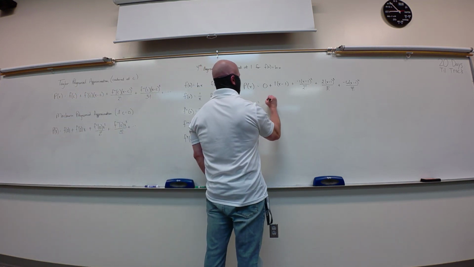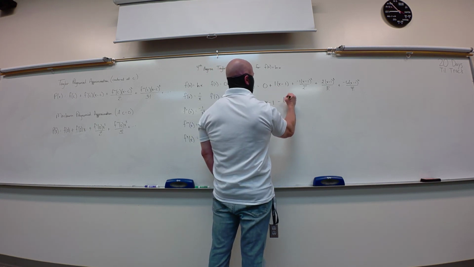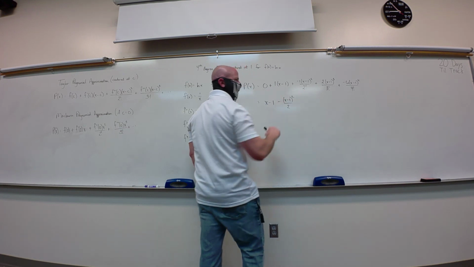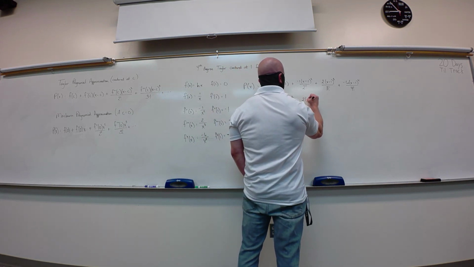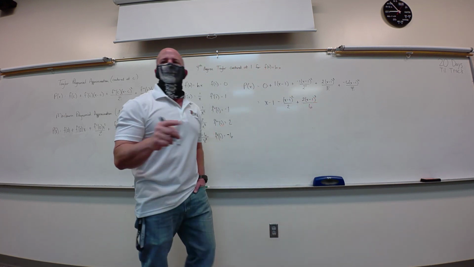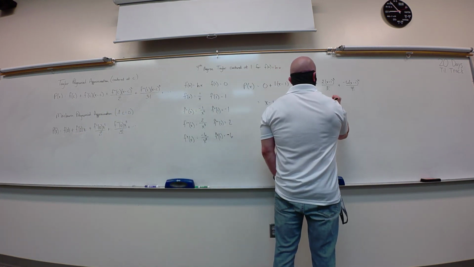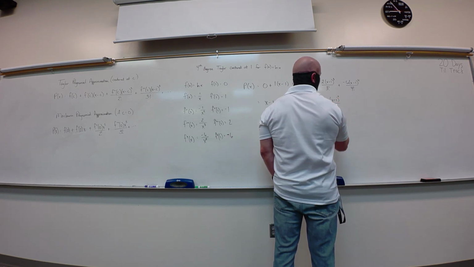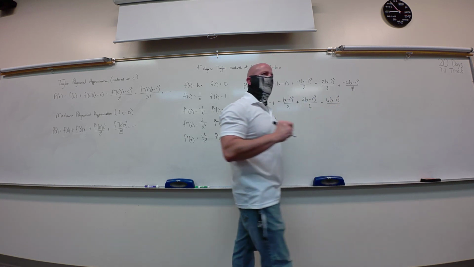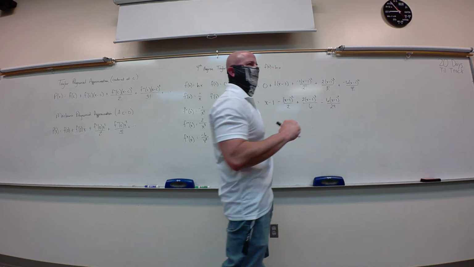So this would then be x minus 1, minus x minus 1 squared over 2. 2 factorial is 2 times 1, plus 2 times x minus 1 cubed over 6. 3 factorial is 3 times 2 times 1, 6, minus 6 times x minus 1 to the 4th over 4 factorial. 4 times 3 is 12, times 2 is 24, times 1 is still 24.